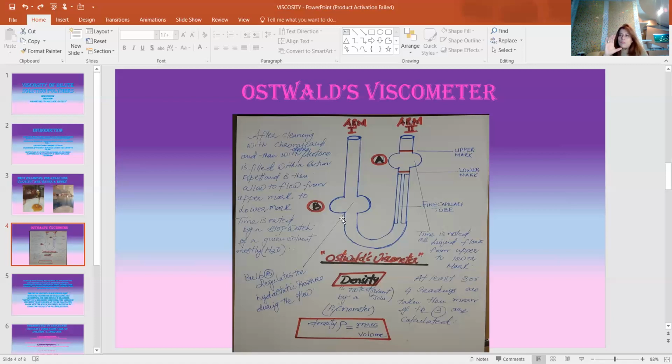We use a small bottle called a pycnometer. It's a small bottle, about 20 to 25 ml of solvent can be filled in it, with a stopper over it that has a very fine capillary. So you can calculate the density of your solvent.